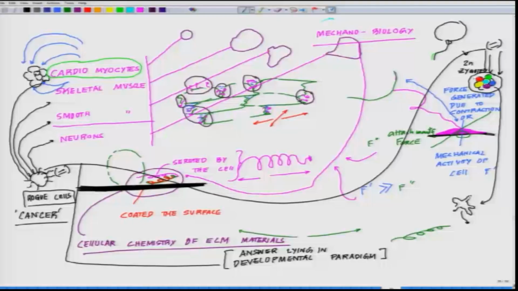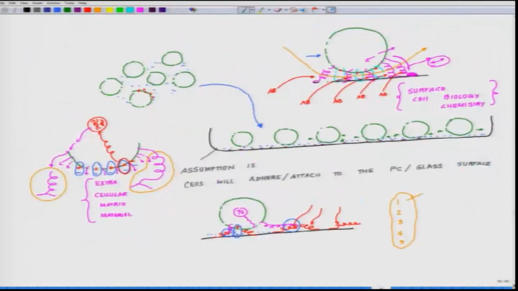These are some of the very emerging areas which are coming up: mechanobiology, and a great understanding is happening in the cellular chemistry of ECM materials. So, the question where we are now landing is: what are those natural ECMs? There is a reason why I use this word natural ECM. Natural ECM can be used to coat the vessels to grow the cells of your choice. And what are those synthetic ECMs?